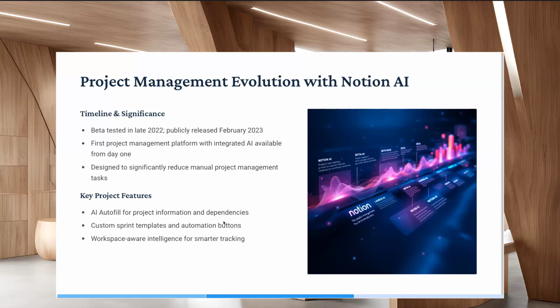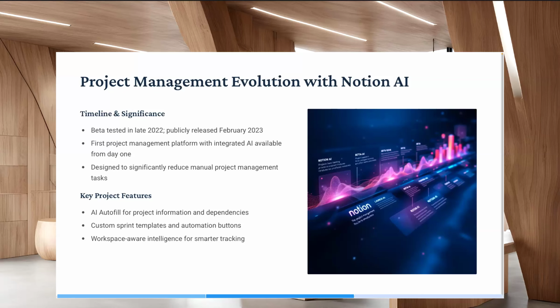Technically, it has three core capabilities. The first capability is intelligent project planning. When you give Notion AI a project brief, it does not just create a generic to-do list. It analyzes the scope, considers typical project phases, identifies dependencies between your tasks, and suggests realistic timelines based on the complexity you describe.